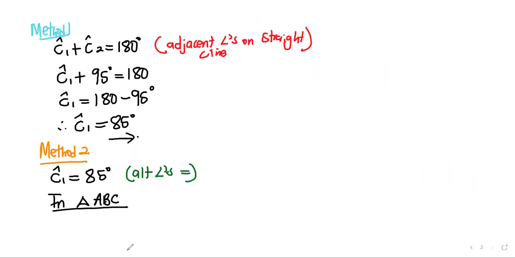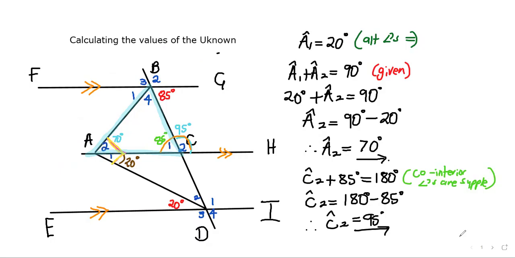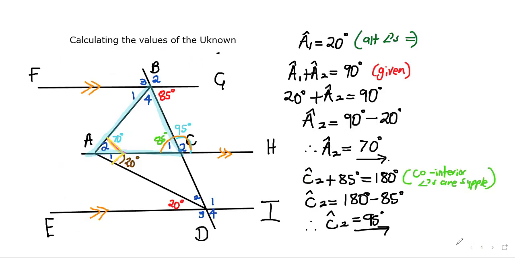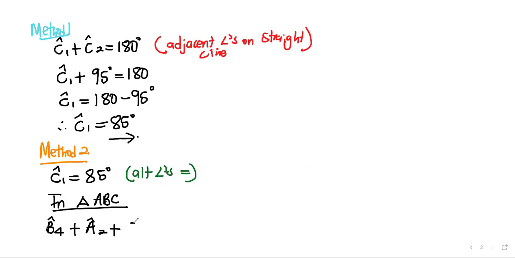We know that angle B4 plus angle A2 plus angle C1 is equals to 180 degrees. Remember, each and every statement should be accompanied by the reason. That is sum of angles in a triangle is equals to 180 degrees.